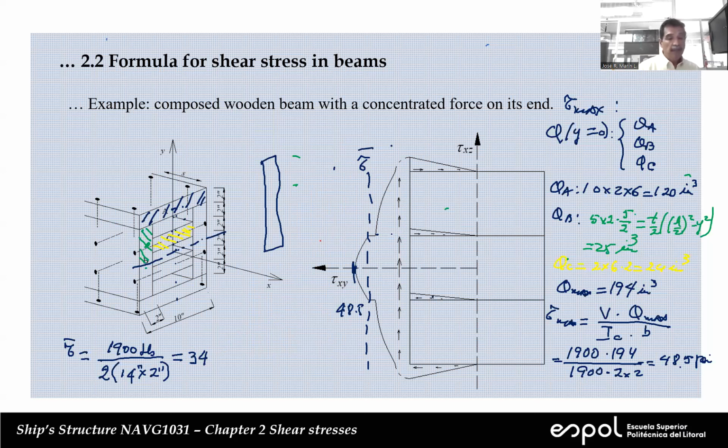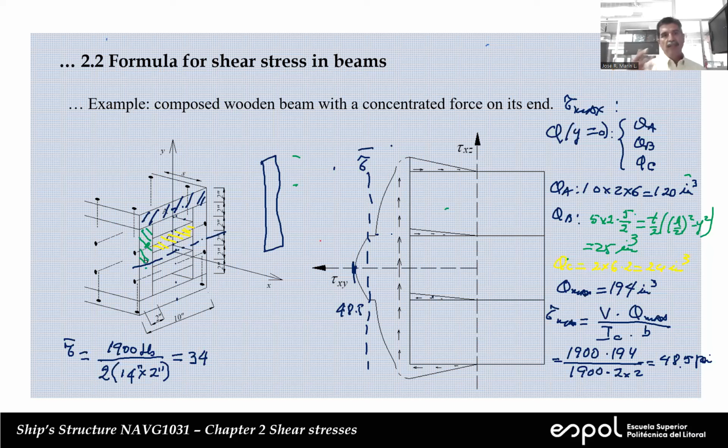Okay, so it's always a good idea that you check the value, the maximum compared with the mean. Of course the maximum has to be larger than the mean, but the difference is usually not that much. For example, in the previous case, I think it was about 12% of difference.